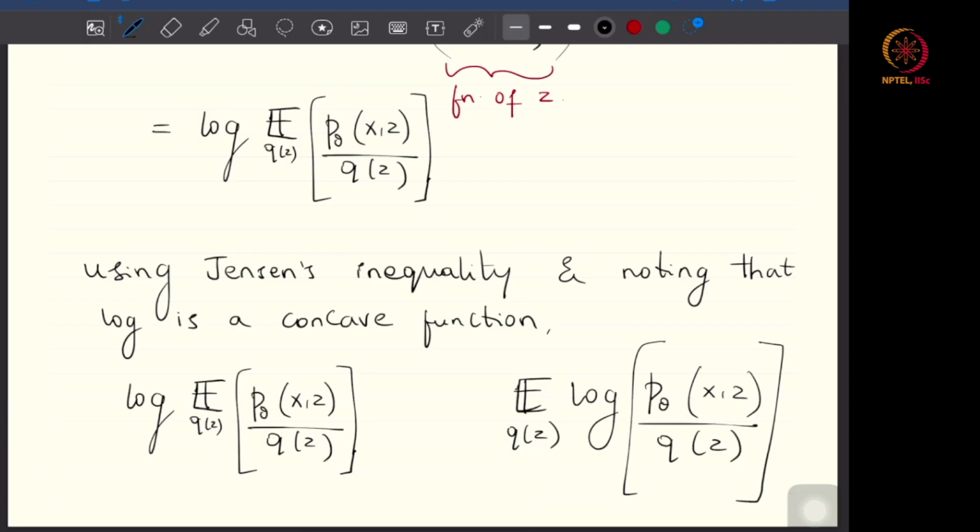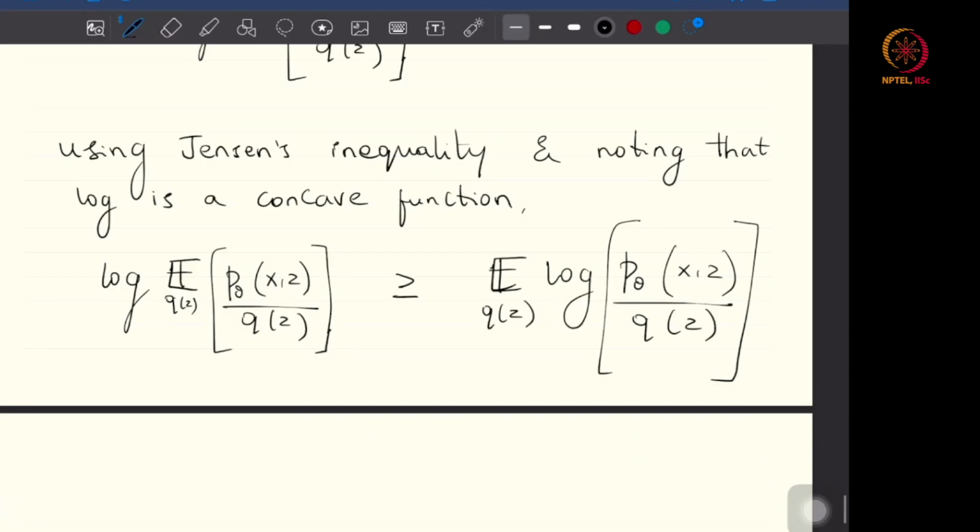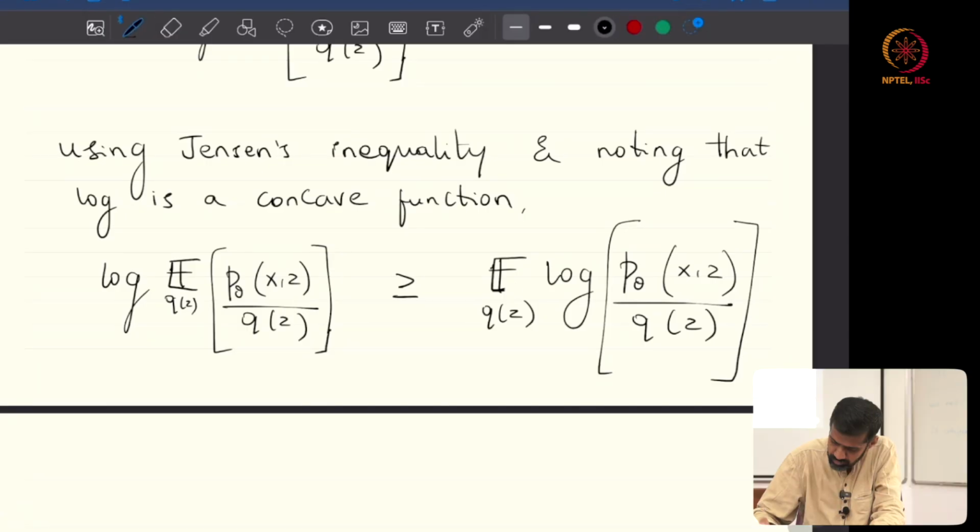Now which one is greater? This is that, this is correct. So this was the likelihood, okay, and let us call this as some f theta of q.